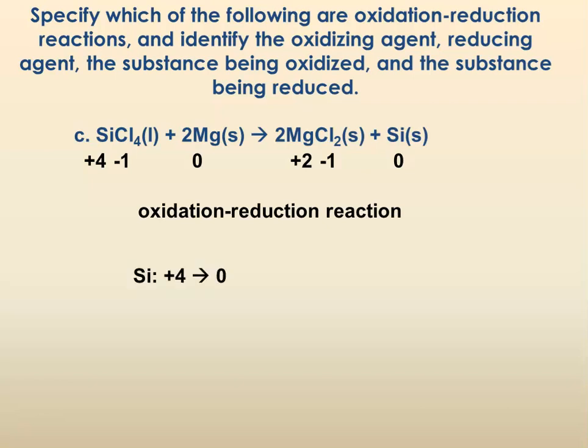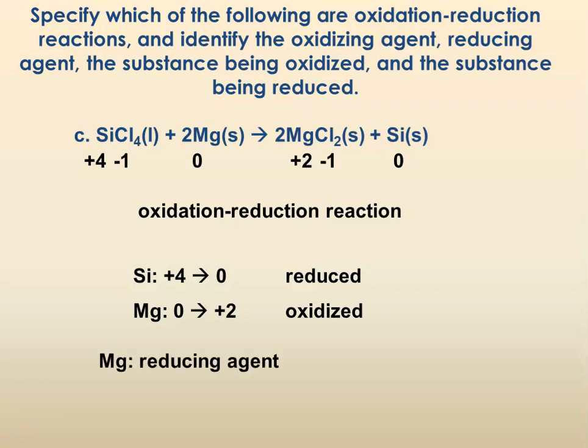Silicon going from +4 to 0 decreased in oxidation number, so it was being reduced. Magnesium going from 0 to +2 was increasing in oxidation number, so it was being oxidized. Si was part of SiCl4, so SiCl4 is acting as my oxidizing agent, and Mg was by itself to begin with, so it was just acting alone as the reducing agent.